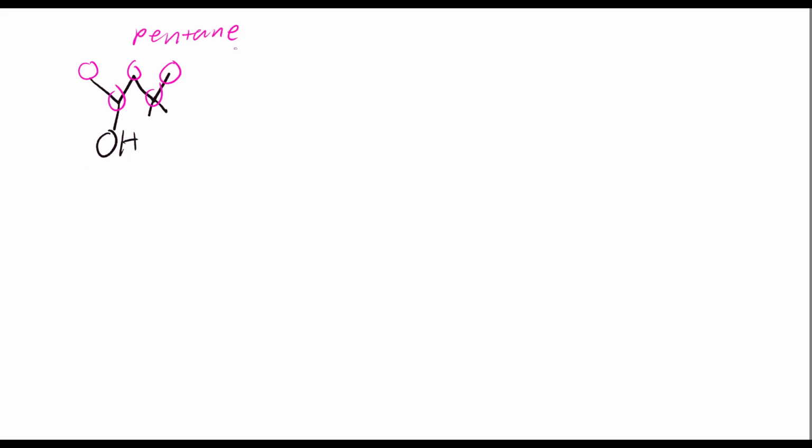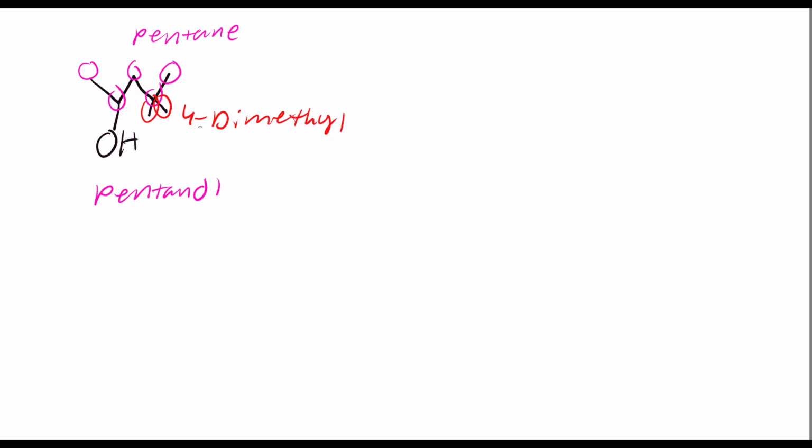But we have an alcohol, so it becomes pentanol. And notice that I have some children on the 4th carbon. So we have 2 methyls, that becomes a dimethyl, so you have a 4-dimethyl.